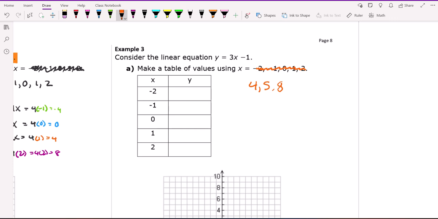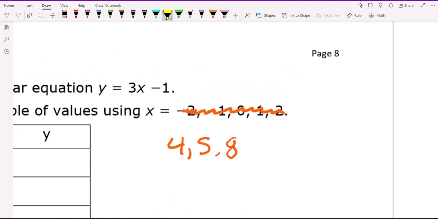All we're going to do is put 4 into this equation right here. So we go 3 times 4 minus 1. So 12 minus 1 is 11. Not a huge number. Nothing wrong with it.